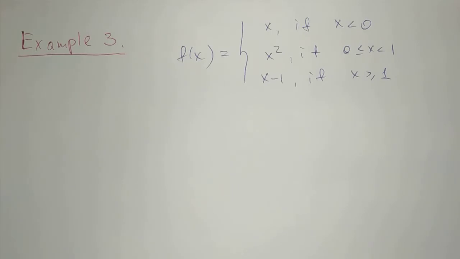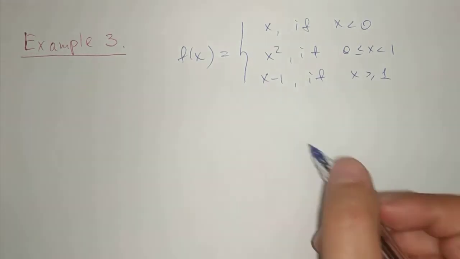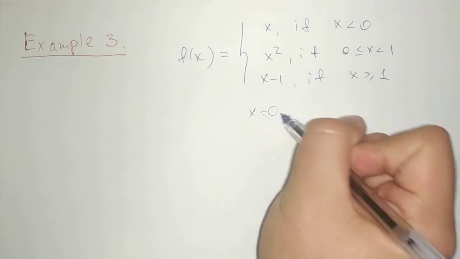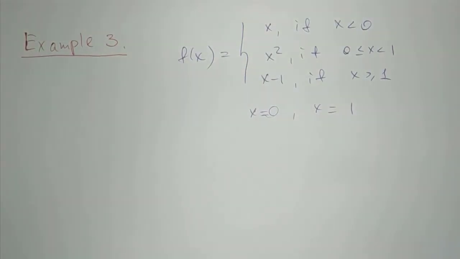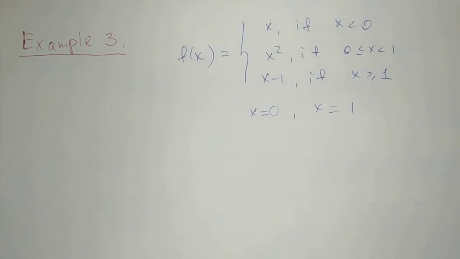So here the linking points are x is 0 and x is 1. Only in these points will we check the discontinuity. Let's check with x is 0.